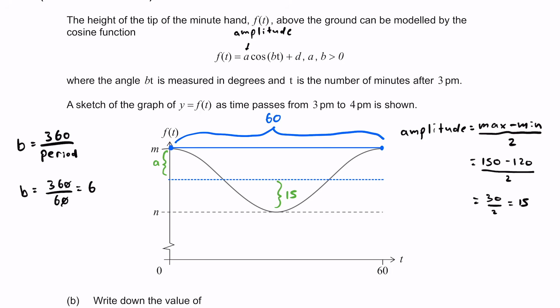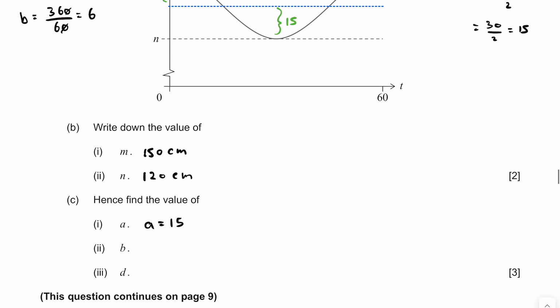Once again, our formula for B, the frequency, is 360 divided by period, where period is the time taken to sweep through one revolution. In this case, it takes 60 minutes. 360 over 60 is equal to 6. So B is equal to 6.